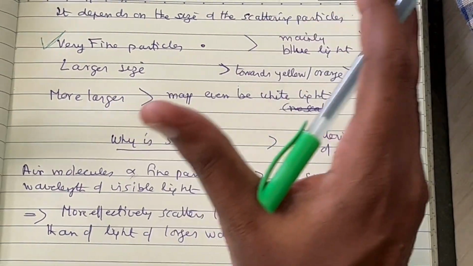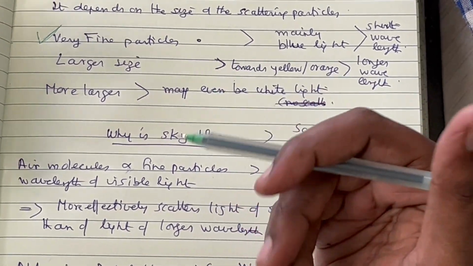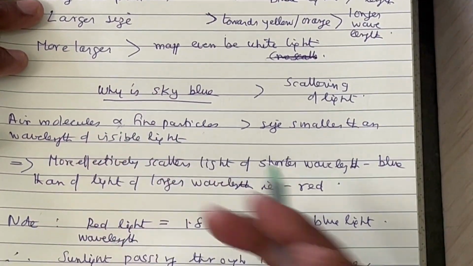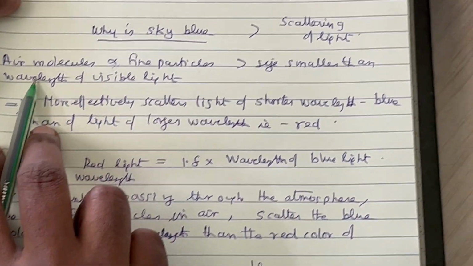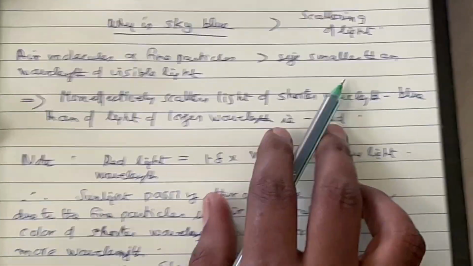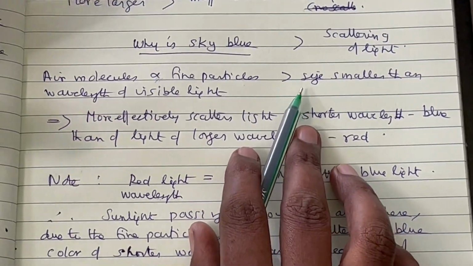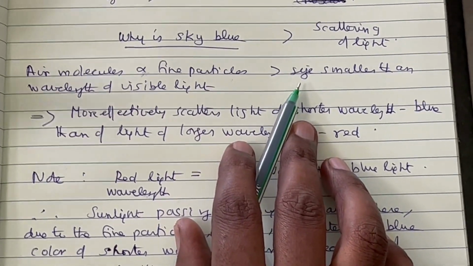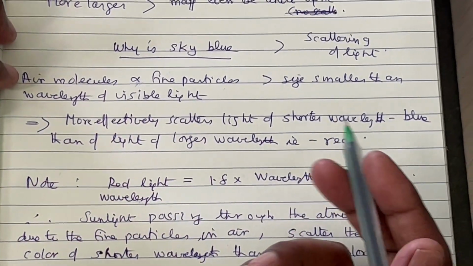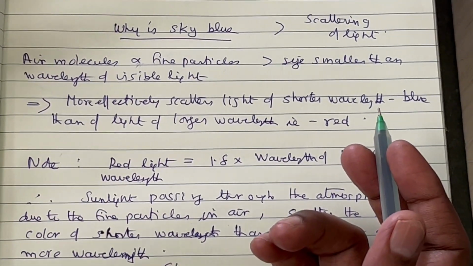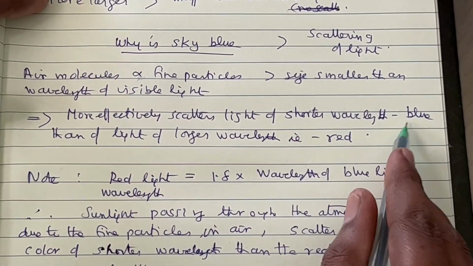So that's the part we are concentrating on in this section, where we look at why the sky appears to be blue. For fine particles, which means particles of size smaller than the wavelength of visible light, the scattering will be more towards light of shorter wavelength, that is blue.